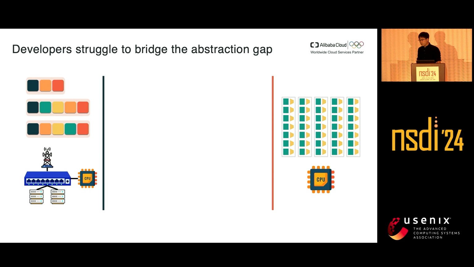During the deployment, we found out that our developers are really struggling to develop, debug, or even maintain such a program. The fundamental reason we found is that there is a gap between the abstractions that the operators are developing and the real hardware that runs the program.